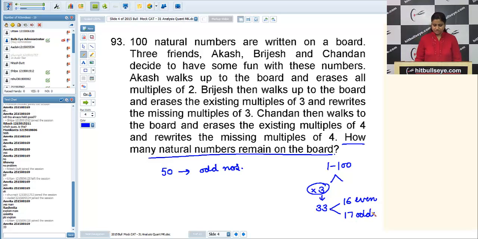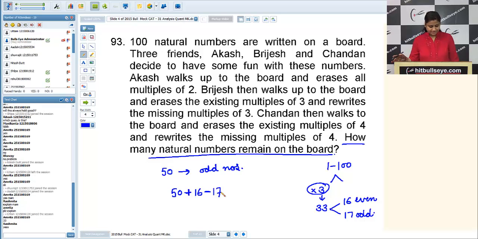Is it okay? So, because already all the even multiples are out, that's why 50 plus 16 numbers, he is writing 16 and 17 numbers he is erasing. Is it okay? Clear? Is this okay, all of you? Yes.